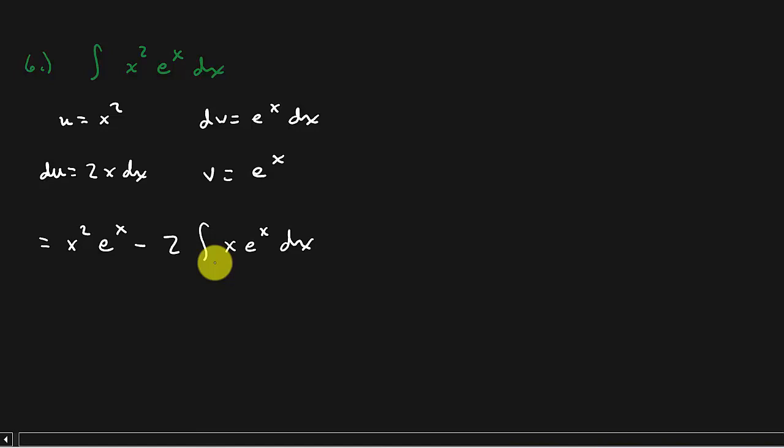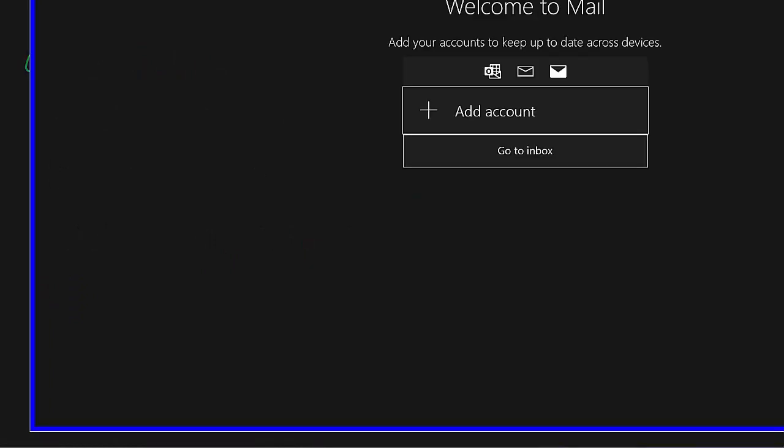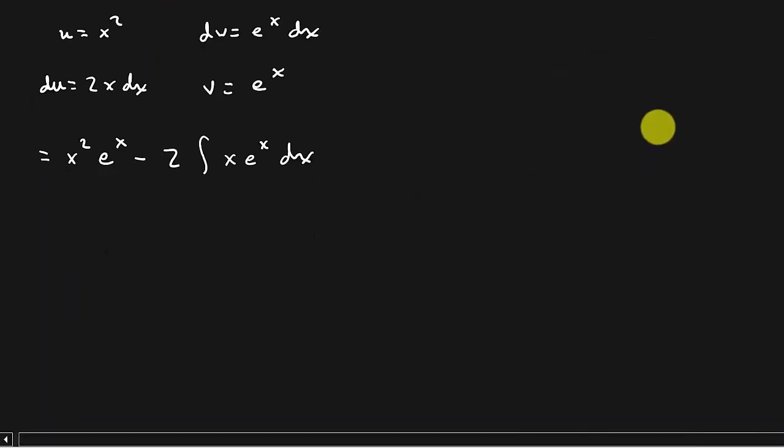Okay? I hit a button with my hand. All right, so we're going to do parts on this. So we're going to let u equal x. We're going to let dv equal e to the x dx. So du is equal to dx, and v is equal to e to the x.